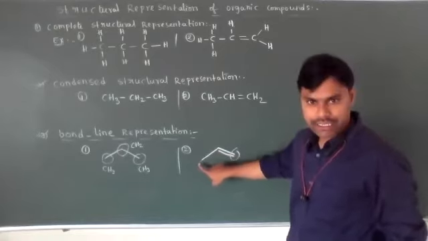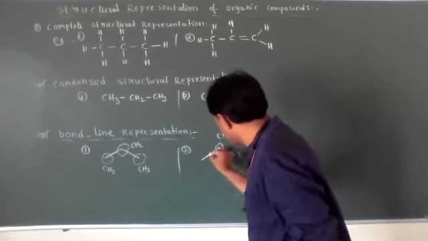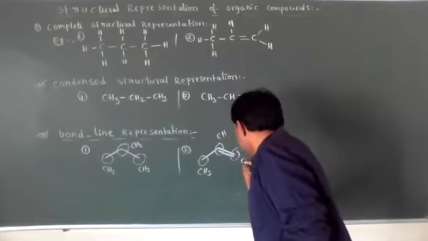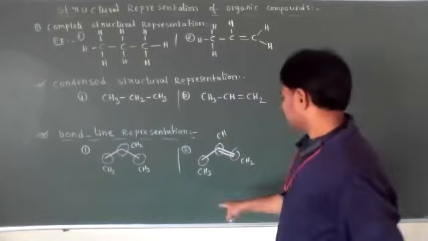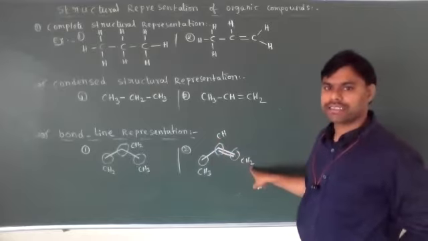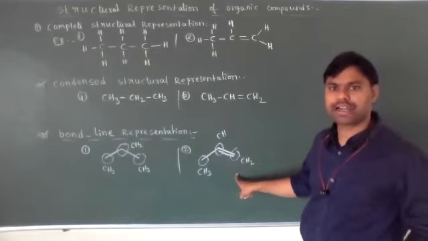This is CH, this is CH3. See, CH3 bond CH, double bond CH2. So this is the condensed representation, and this is the bond line representation.